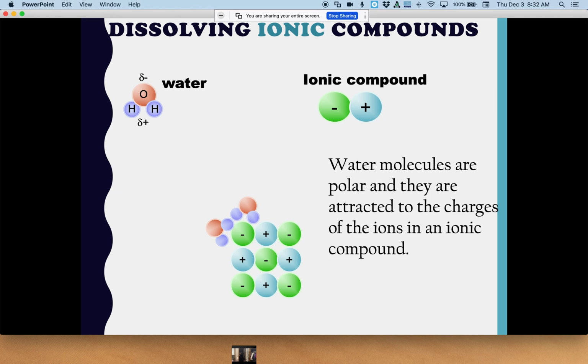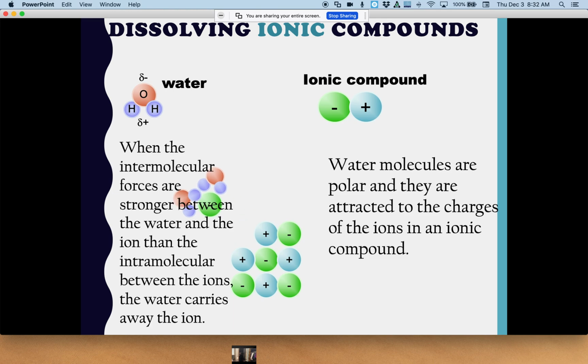So here we have water, which is polar, right? We can see in the diagram that those are going to be attracted to the negative and positive charges of the ionic compound. And so what happens is the attraction between the water molecule and that negative ion is stronger than what water has between itself.